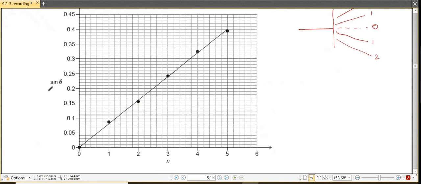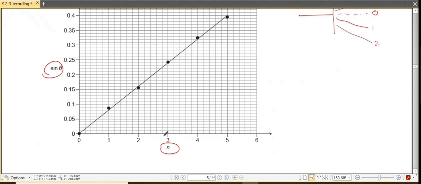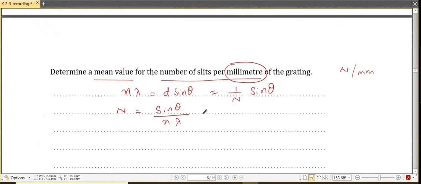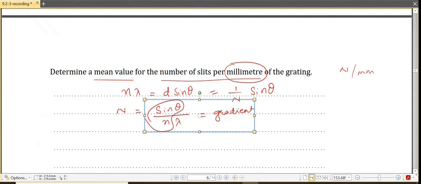Sine theta on the y-axis and smaller n on the x-axis, which is giving me the ratio of sine theta to n as the gradient. So I'm going to rewrite this equation as gradient, because sine theta upon n is gradient upon capital lambda.